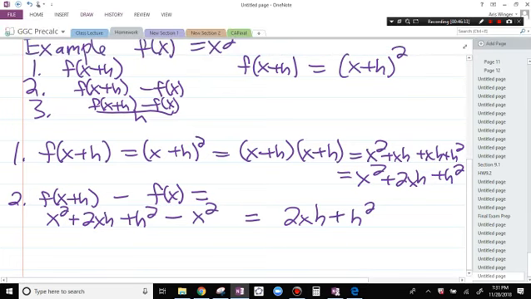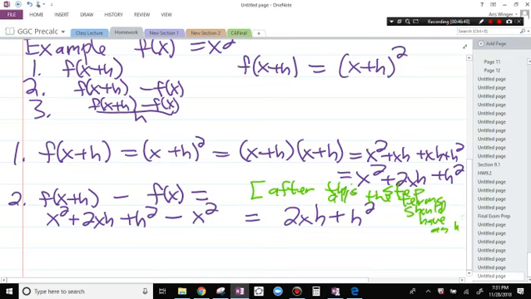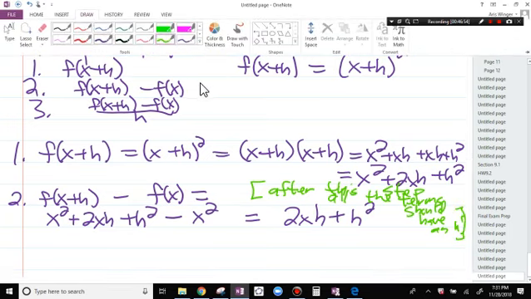Put it in green. After this step, all the terms should have an h. Anything that just has an x should cancel.